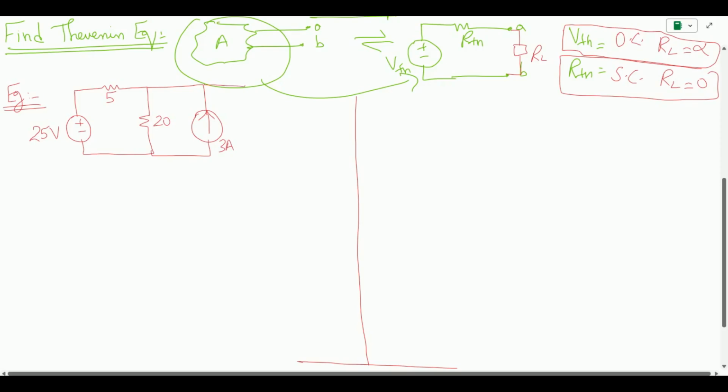Then I have a 4 ohm resistor, and these are the terminals A and B. I have been asked to find the Thevenin equivalent of this given circuit.